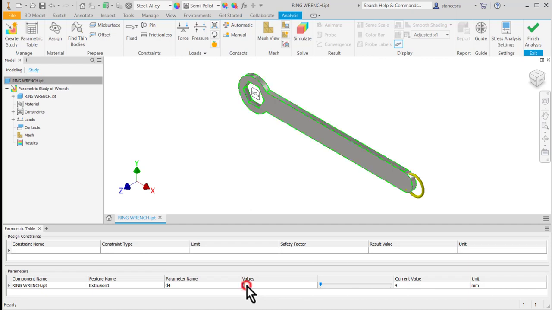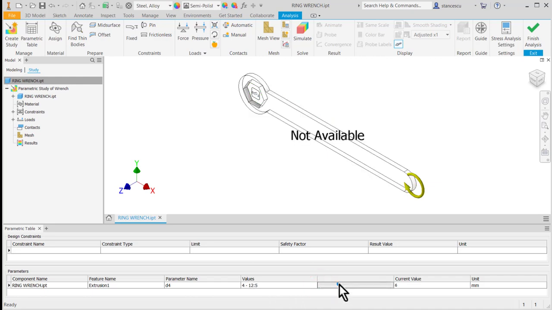Now I want to cover a range of 4 to 12 millimeters, and the number of values equally distributed on the range to be 5. Enter. When you move this, you see the values here.